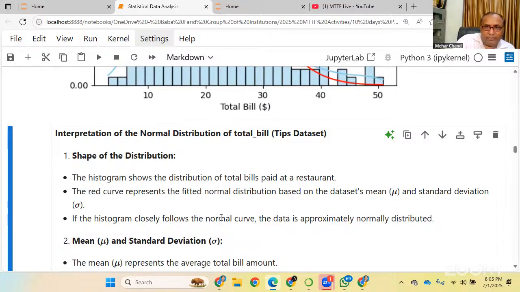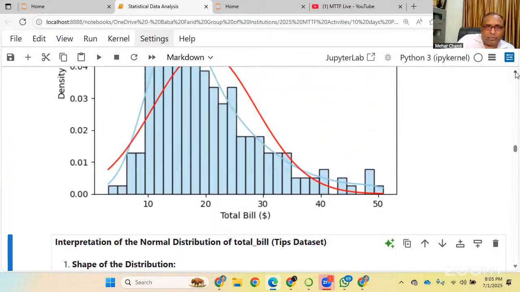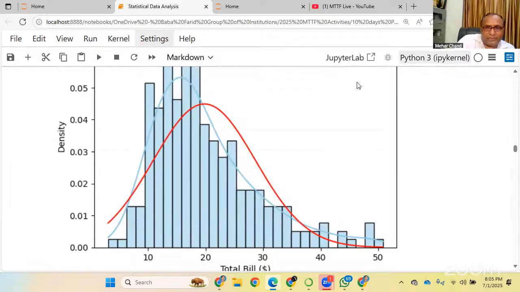If the histogram which we plot closely follows the normal curve, the data is approximately normally distributed. Okay, and for that you have to see the normal curve as well as the histogram. So how can you observe whether this is close to the normal curve or not? Okay, for that the main thing is the bins which you can see here.